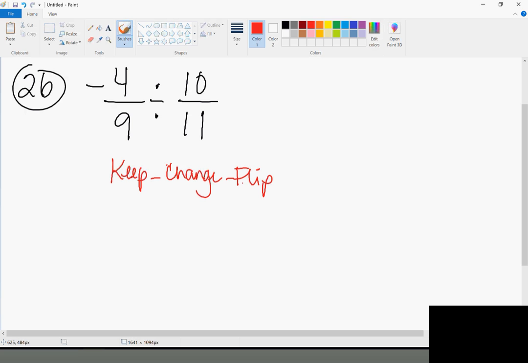But since we have a negative here, let's go ahead and determine if our answer is going to be positive or negative. So a negative divided by a positive is going to give me a negative answer.